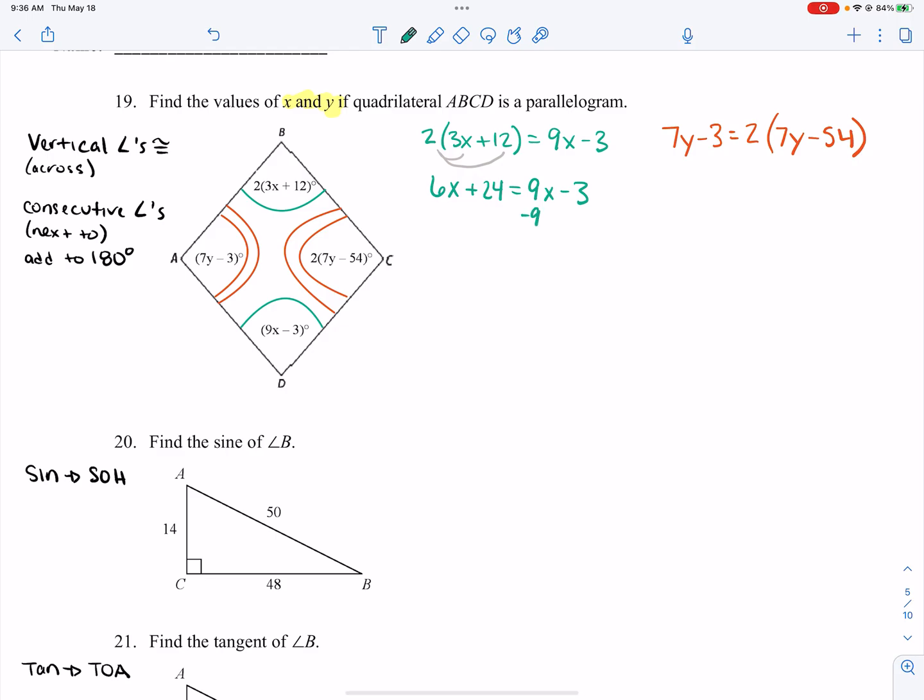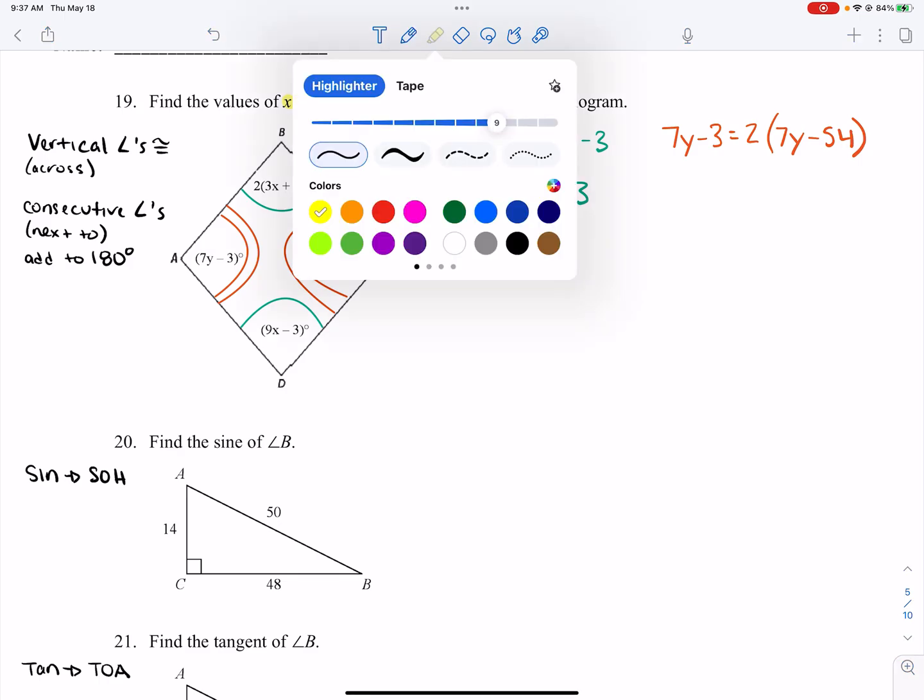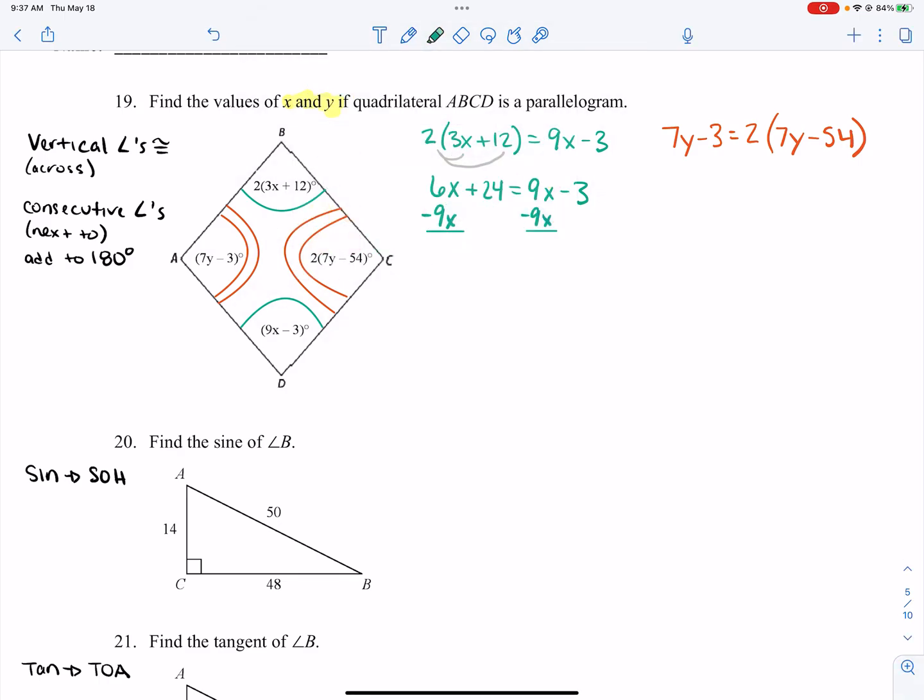So I'm going to subtract 9x from both sides first. So these cancel. So then I have negative 3x plus 24 equals negative 3. Now I want to get all of my non-x's to the right side, so I do the opposite and subtract 24.